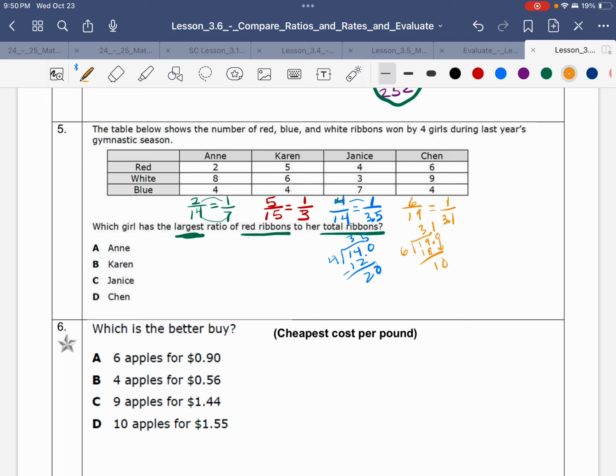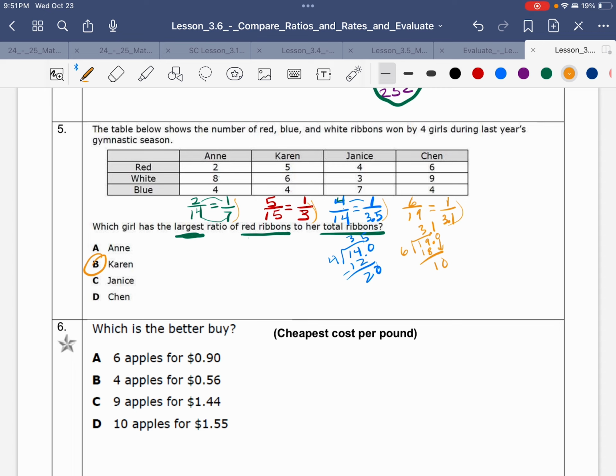So if we look at all of these fractions and see which fraction is bigger, our 1/3 is bigger than all of our others. It's a little confusing, okay? Because if we were to divide out 1/7, that would be a smaller ratio, okay? And I'm gonna check on that one to make sure that I'm correct, but that's how I would read that. That's the larger ratio.